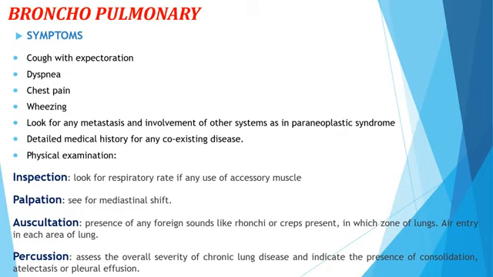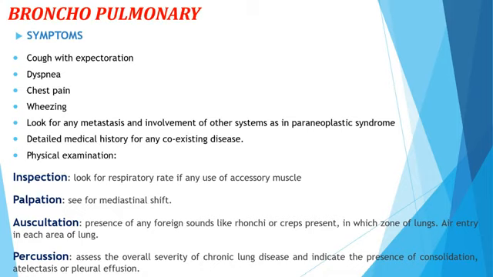And the physical examination includes inspection, palpation, auscultation and percussion. Inspection: look for respiratory rate and any use of the accessory muscles. Palpation is for mediastinal shift; palpation means touching. Auscultation means listening: presence of any foreign sound like rhonchi or crepitations, wheeze in the lung, and air entry in each lung.